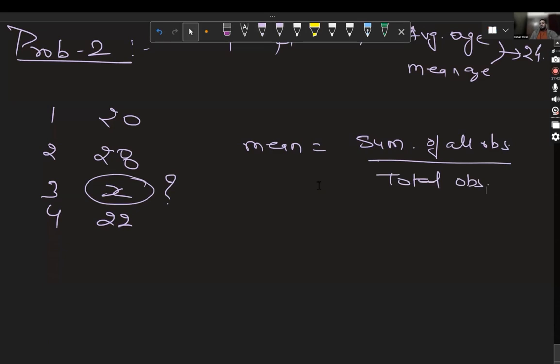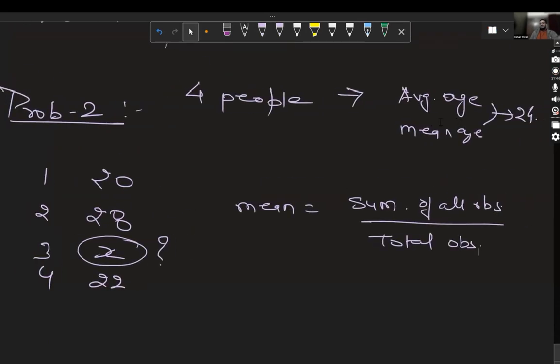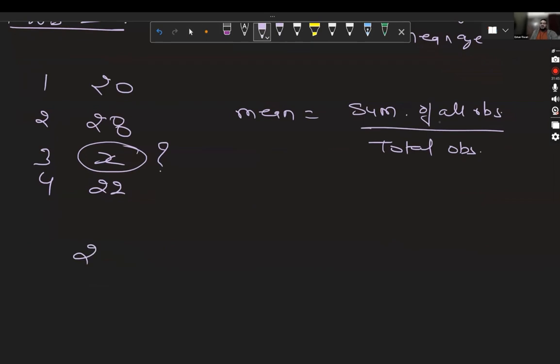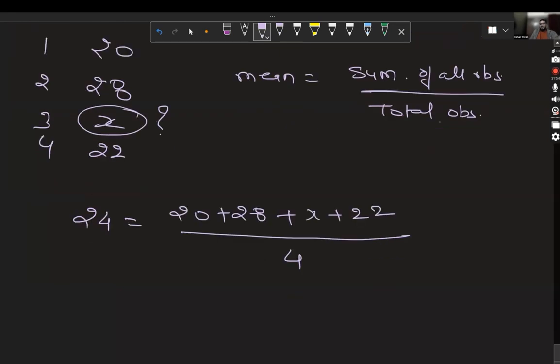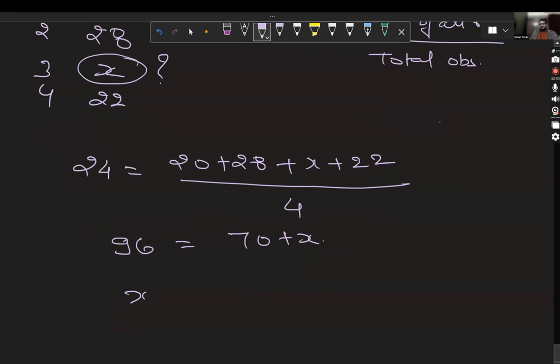We already know the mean age of these 4 people is 24. So my mean is 24, and my observations are 20 plus 28 plus X plus 22, divided by 4. If I multiply 24 and 4, it is 96. And if I take the summation of everything, it is 70 plus X. So what is the value of X? X comes as 26.